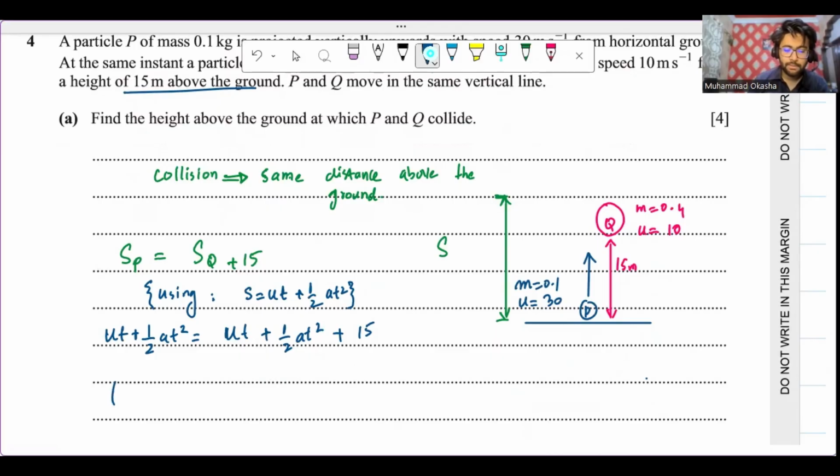So what's the initial velocity for particle P? It is 30, and I do not know at which time they will collide. Let's say the motion starts at t equals 0. After how much time will they collide? I do not know, so I'll keep the time as t, plus a half.